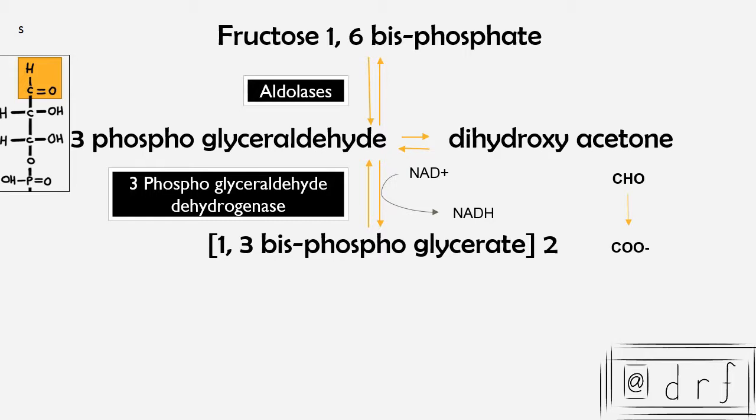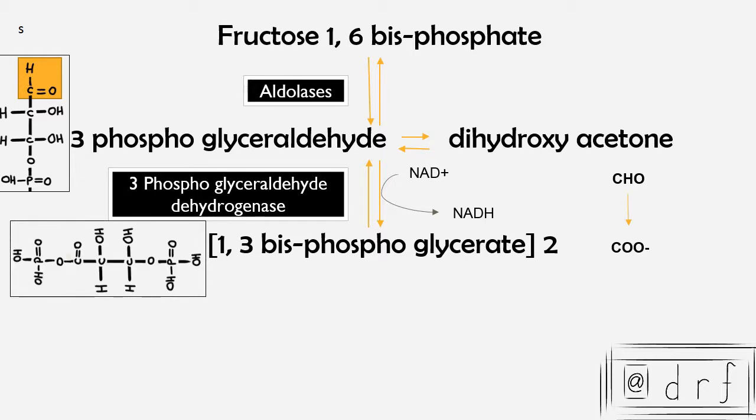Aldehyde group is converted into acid, that means glycerate. We can also see that a phosphate group is added to glycerate. That means the phosphate group is not added by a kinase enzyme, it is added from a free phosphate that was present in the cytoplasm.